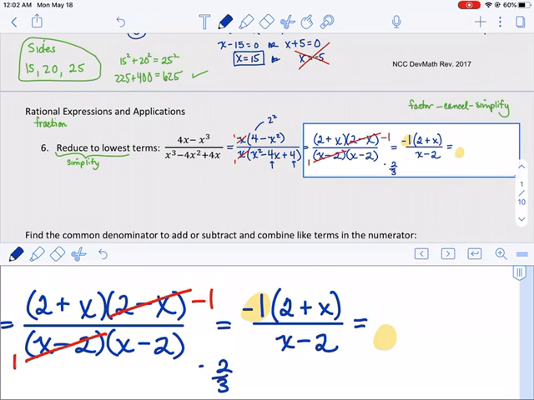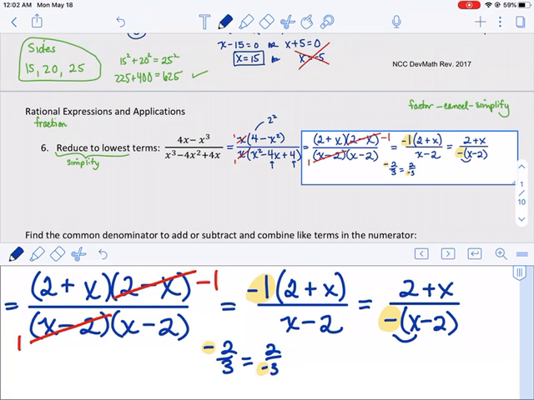It's kind of like if you have -2/3, it's equal to 2 over -3. And we could take that negative sign and move it from the top to the bottom. So I'm going to move the negative sign to the bottom, and we do have an x minus 2, and in the top, I just have that 2 plus x.